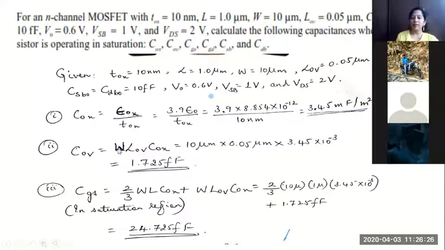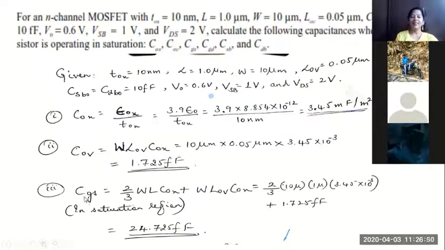The width is given as 10 micrometer, LOV is 0.05 micrometer, and COX we have computed as 3.45 millifarad per meter square. So the overlap capacitance is 1.725 femtofarads. Femto is 10 to the power of minus 15. I hope all of you remember it.